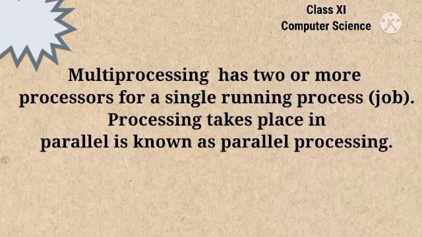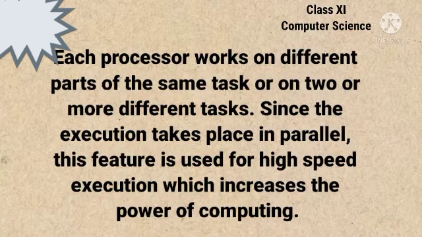Each processor works on different parts of the same task or on two or more different tasks. Since the execution takes place in parallel, this feature is used for high-speed execution which increases the power of computing. So, multiprocessing means multiple processors work on the same job or different tasks, but it is parallel processing.